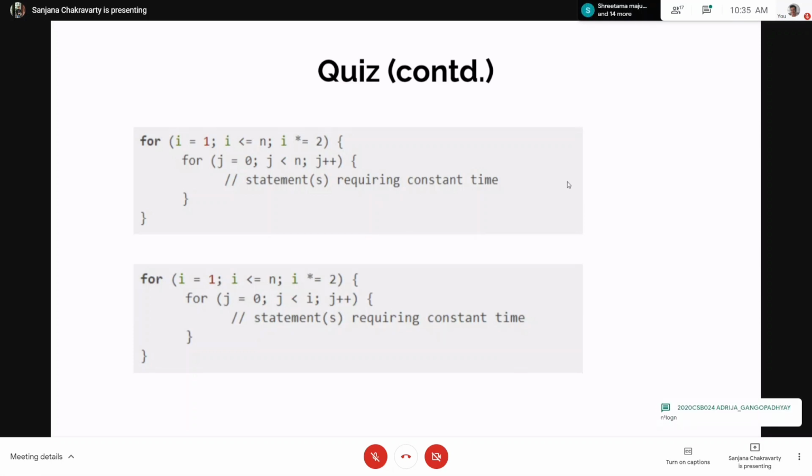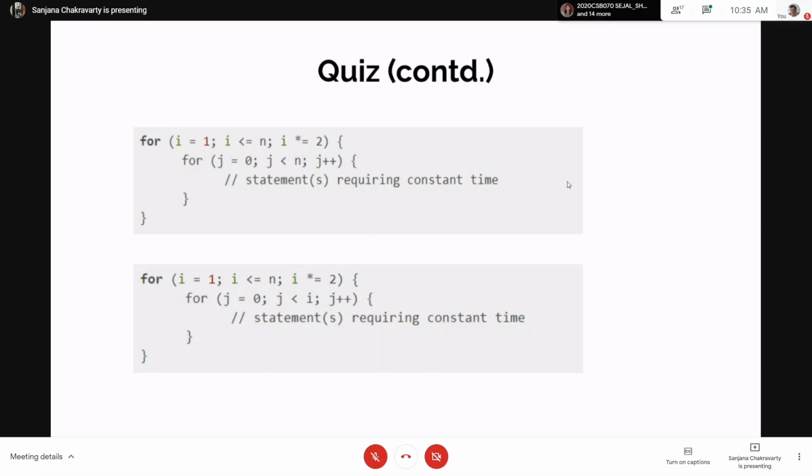Audrija says n square log n. Okay. All right. I think no one else has an answer.